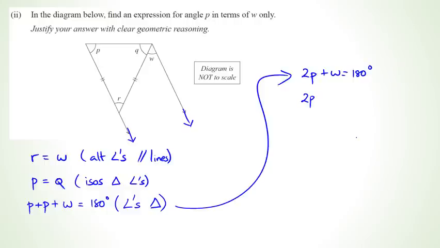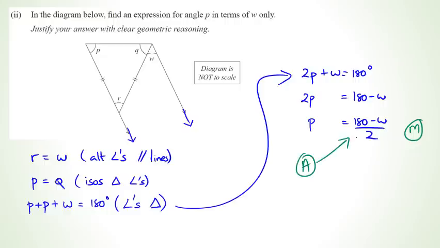So then you can say 2P equals 180 minus W, and P equals 180 minus W divided by 2. So guys, correct answer for P with those valid reasoning is going to get you a merit. If you just give an answer like this, you are going to get an achieved. Cool, that's it for this question. We go to the next one.